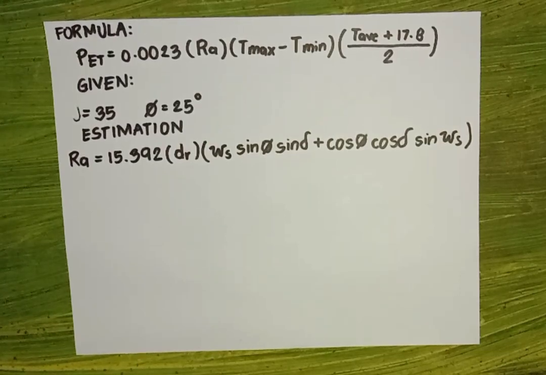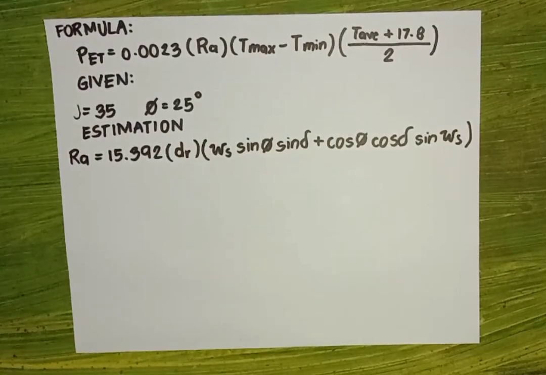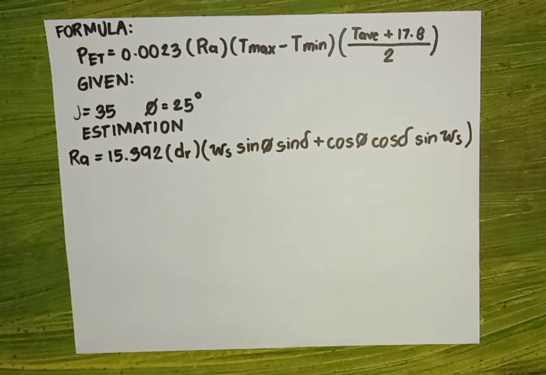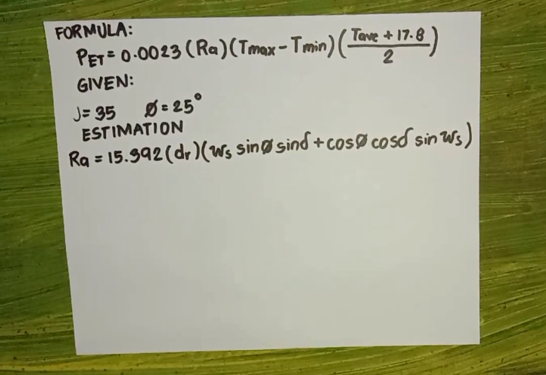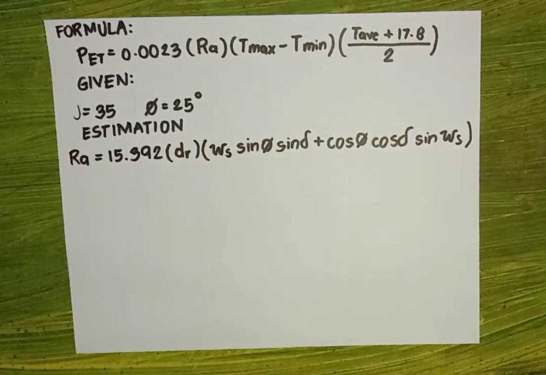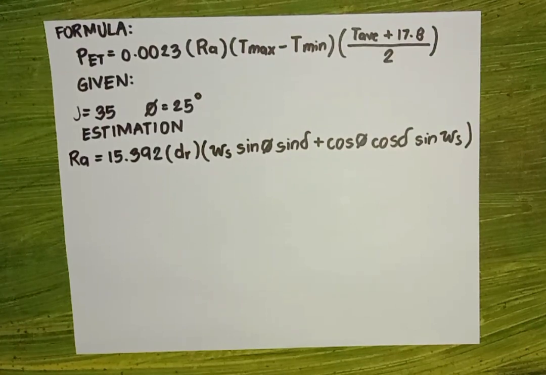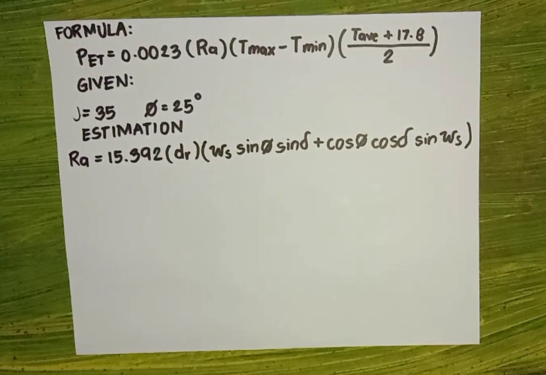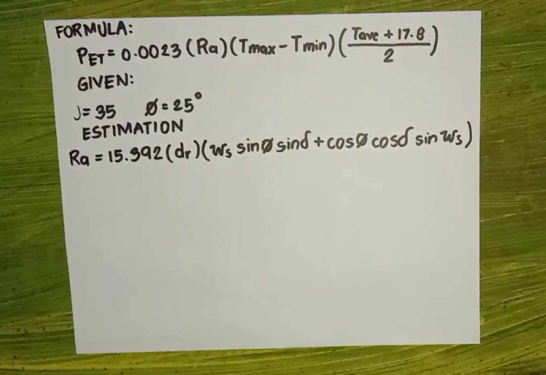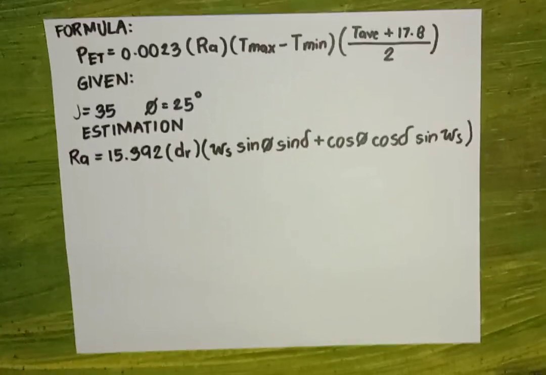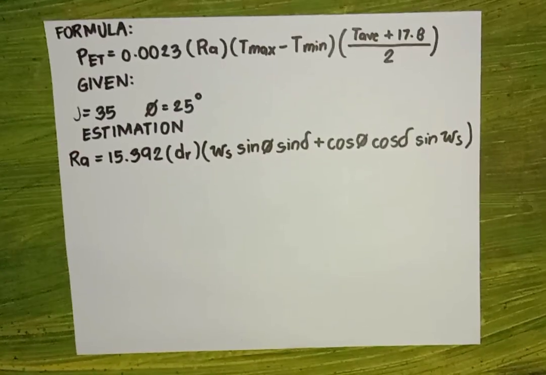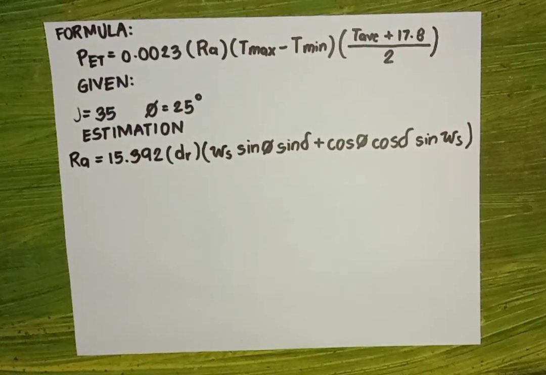However, for our estimation, here is our condition. Our R sub A is equal to 15.392 times D sub R times W sub S sine phi sine delta plus cosine phi cosine delta times sine W sub S.